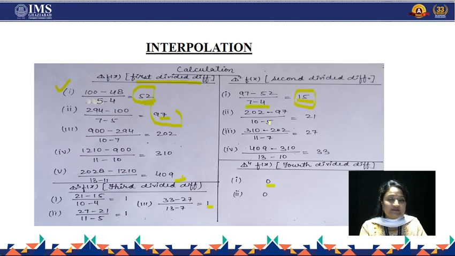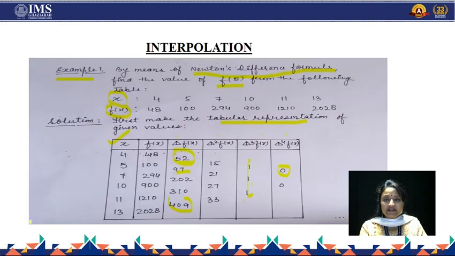Now how is this 7 minus 4? Keep this in your mind: when we go for the second divided difference value, we will skip a single value.